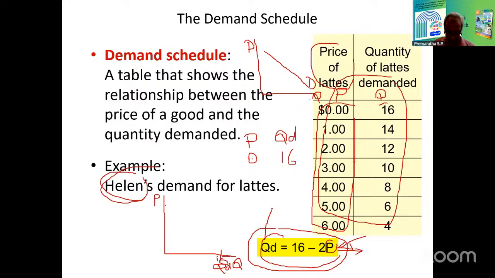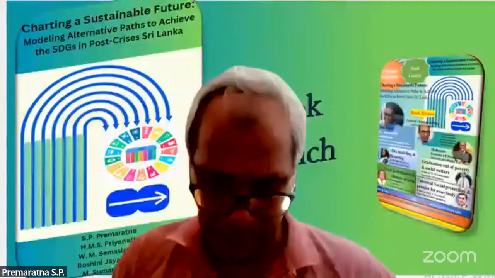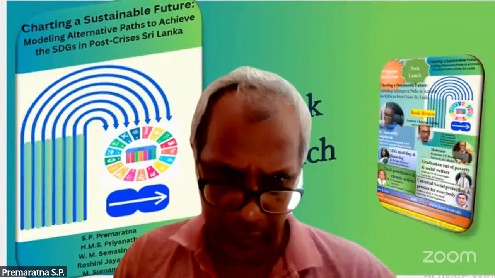If you give this good a zero price, like, let's say, Danshell last week, the demand becomes 16,000. And if you take the quantity as 0, then you can find P, which in this case becomes 8. So this axis we can find. Linking these two, you can draw the demand curve. I hope you have done your job and drawn your demand curve. If any questions, please ask me.